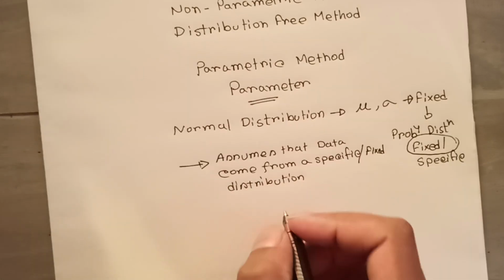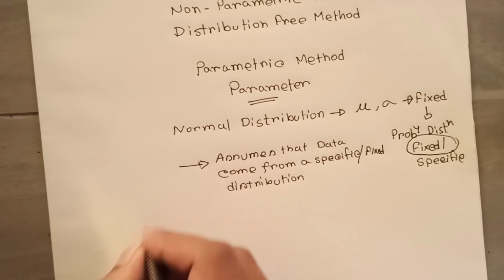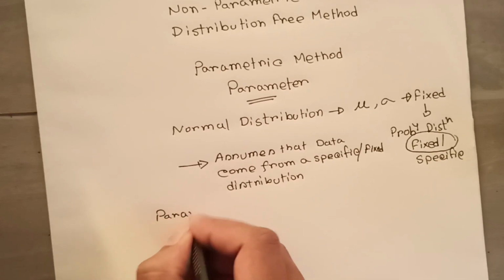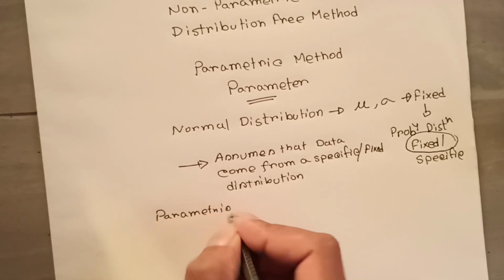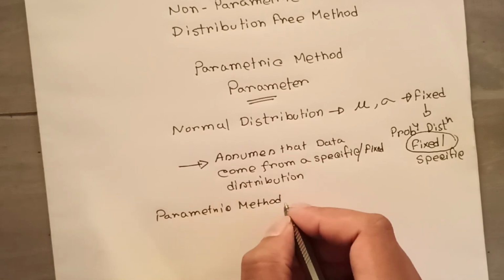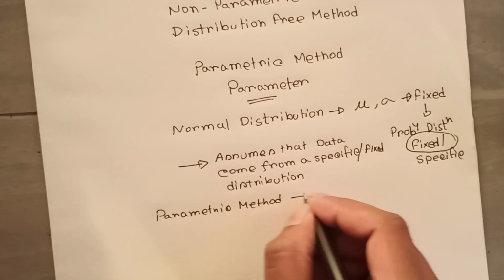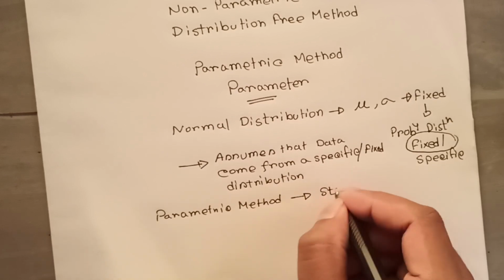So let's go for a formal way to understand the parametric method. As we already mentioned, the parametric method is an approach of statistical inference.